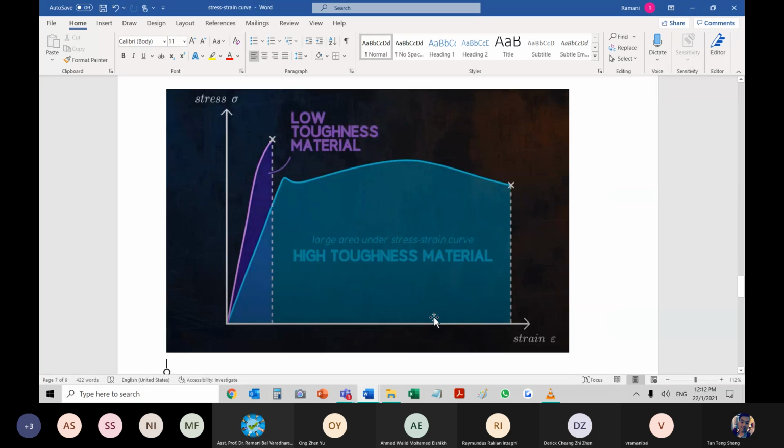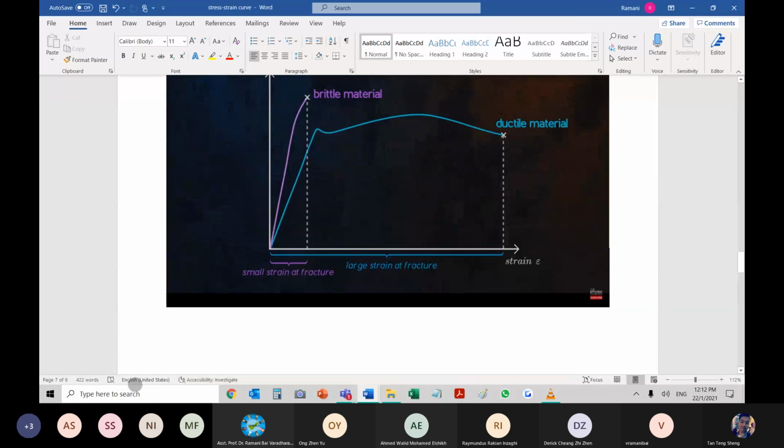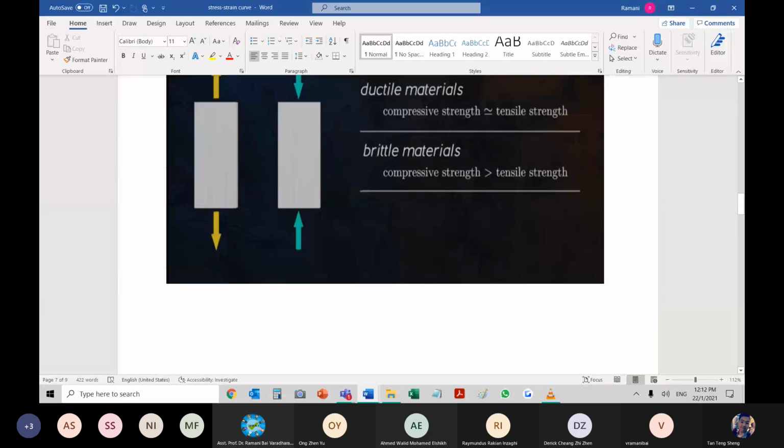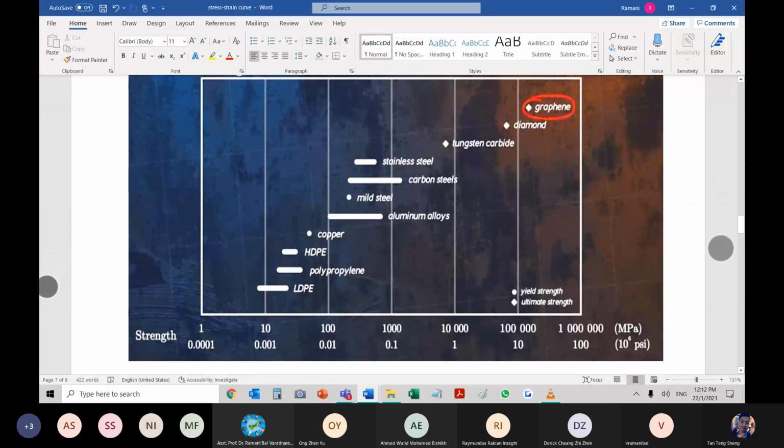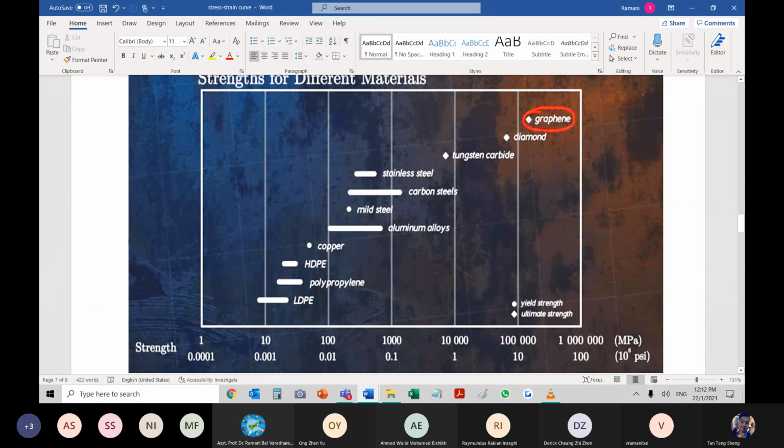Next diagram is an interesting one to show the different behavior of different materials. When you plot this graph, it is very interesting to understand the strength of different materials. The strength in Newton per mm square, megapascals, is given in this direction. Different materials are plotted in this direction.